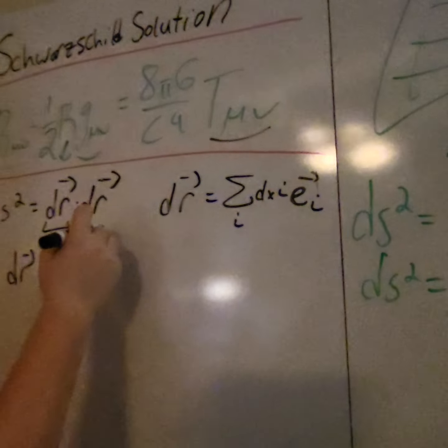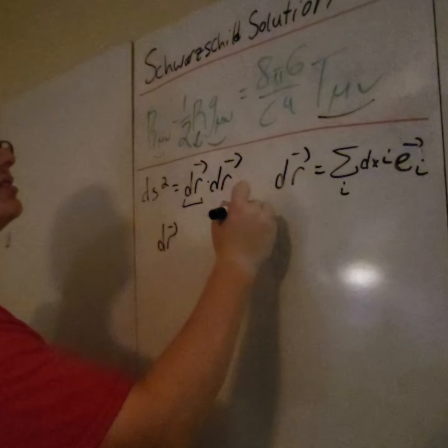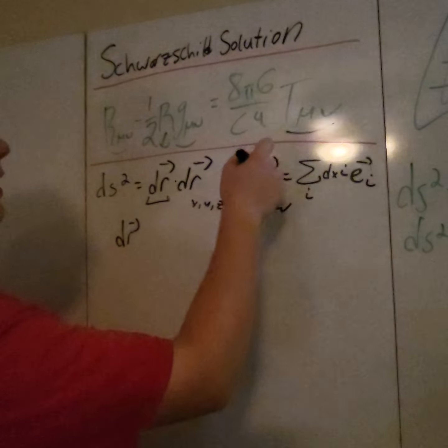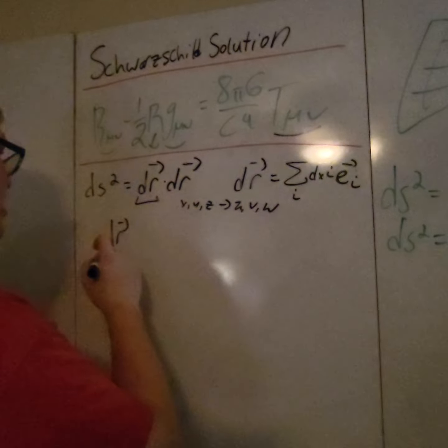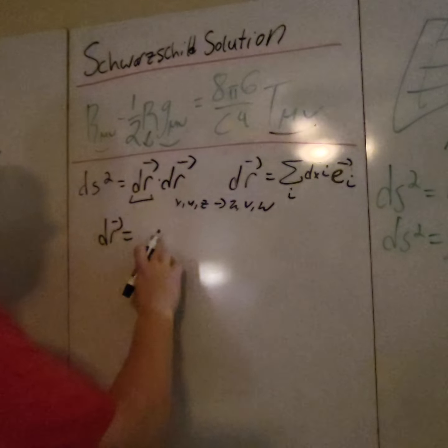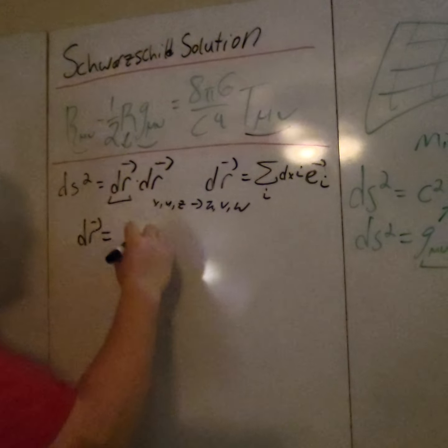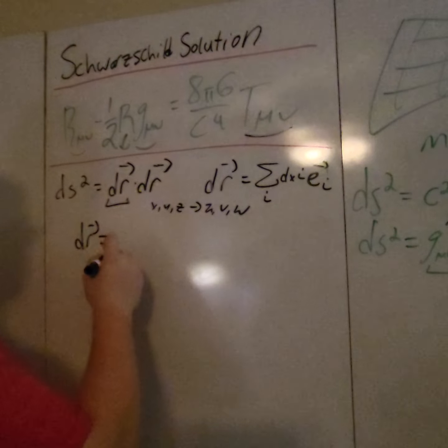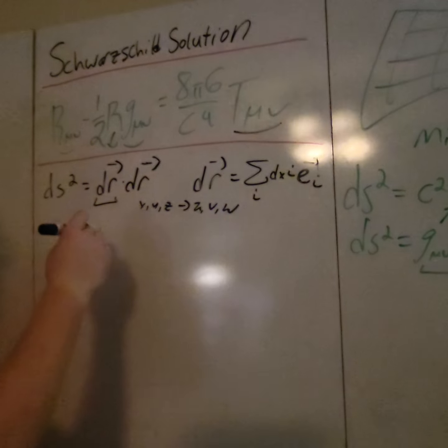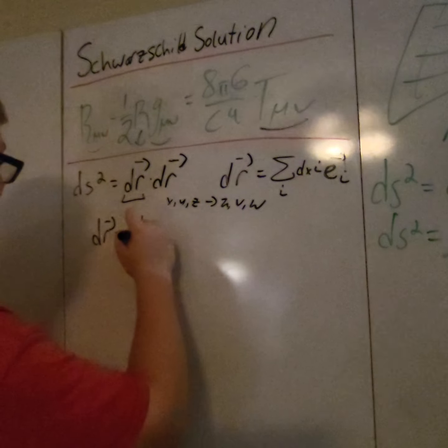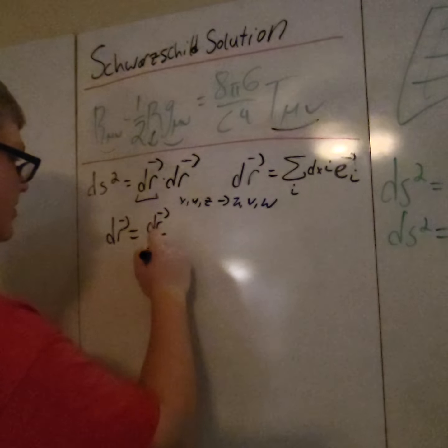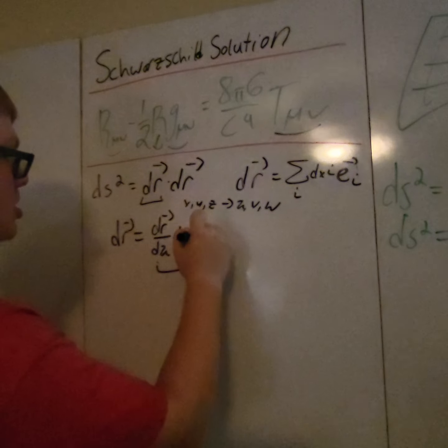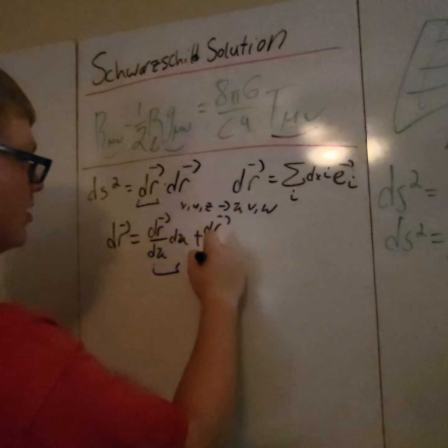So when you're changing from x, y, z to u, v, w coordinates, in our case r, theta, and phi, you have to consider the total differential, considering the change in each of the new coordinates.